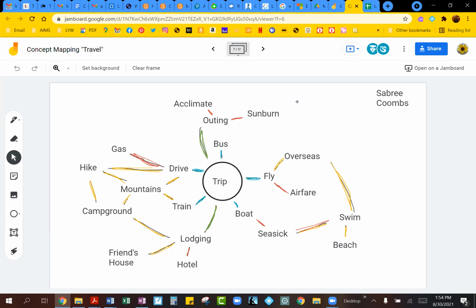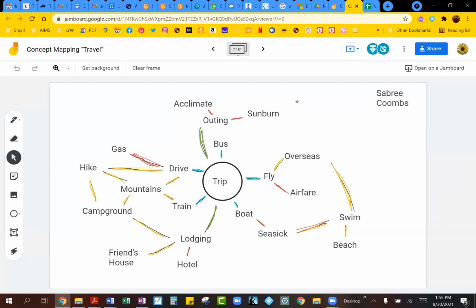Which would include airfare. If you're talking about boating, then that leads to seasick. You can definitely jump off a boat and swim a little, depending on where you're at. Beach can also lead to swimming. So that's kind of a neat connection there. With lodgings, you've broken it down into hotel, friend's house, or a campground.